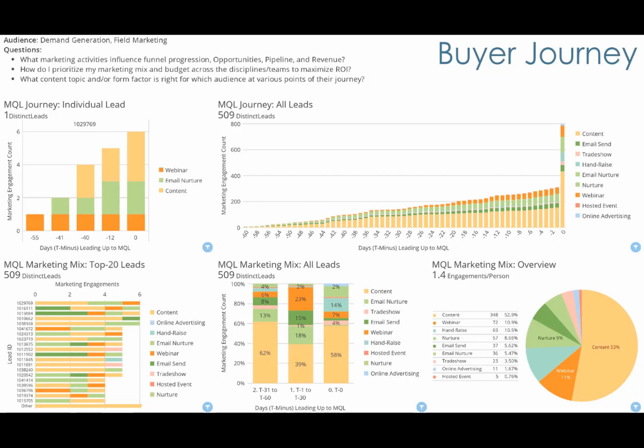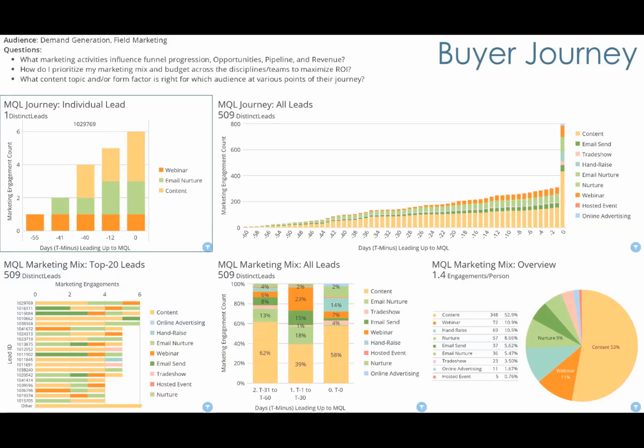So I'm going to start on the upper left, in this particular case, the MQL journey for an individual lead. Essentially, it shows at a high level what this lead did in the 60 days leading up to becoming an MQL. What does this tell you, right? Well, 55 days before this person became an MQL, they engaged with a webinar.